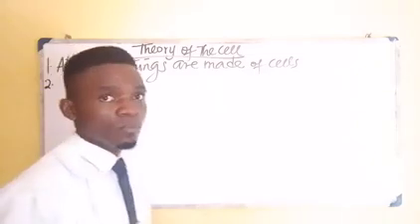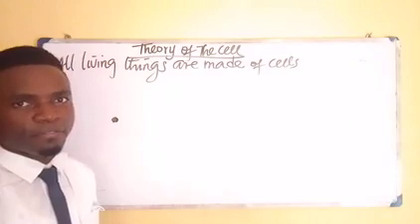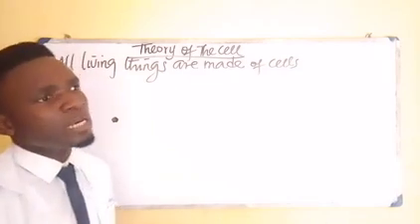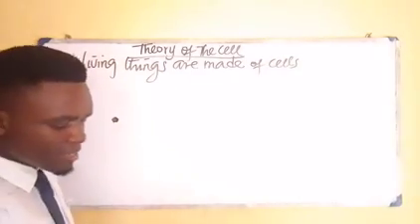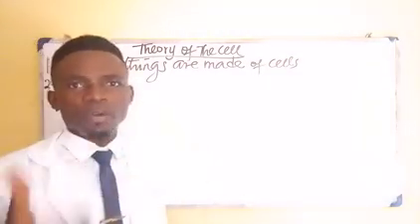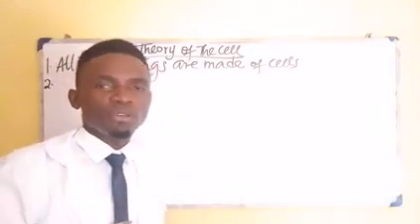Number 3, apart from the life of cells, there is no other life. Did you hear that? Meaning that every life that exists on planet Earth is subject to the cell. Don't forget what we stated: cells are the building blocks of living organisms.